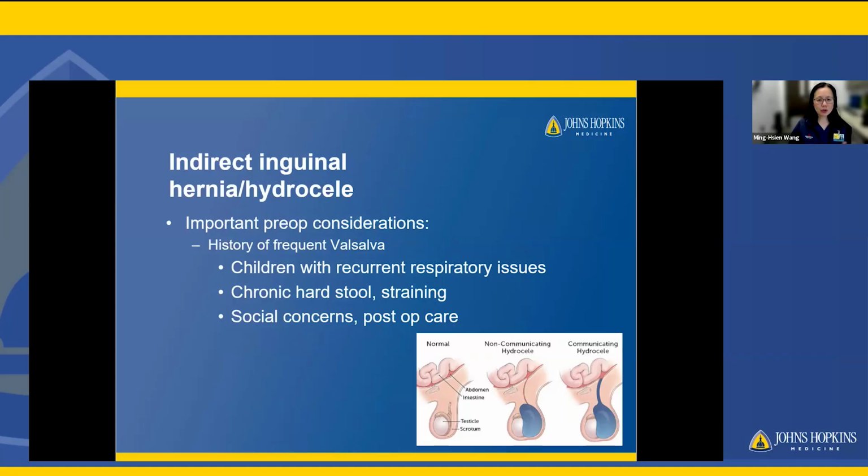So we want to try to treat all these issues even before surgery, because if their asthma, pneumonia, or respiratory infection hasn't been well managed, no matter what kind of suture we use, they can actually pop another hernia on the other side. So these are some of the things we really try to do to get these kids healthier.